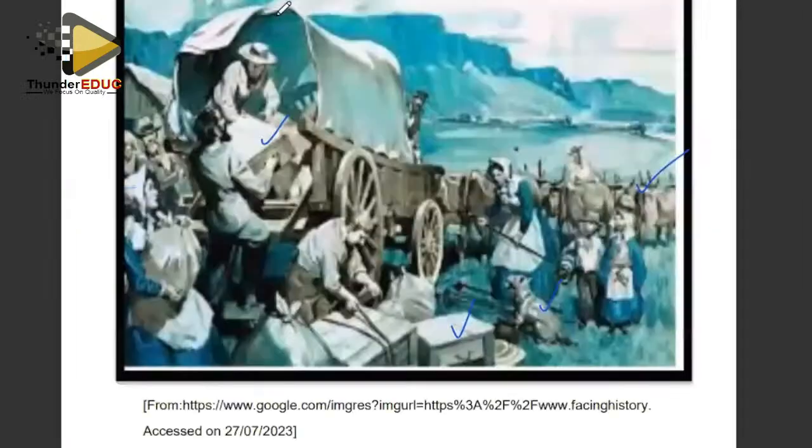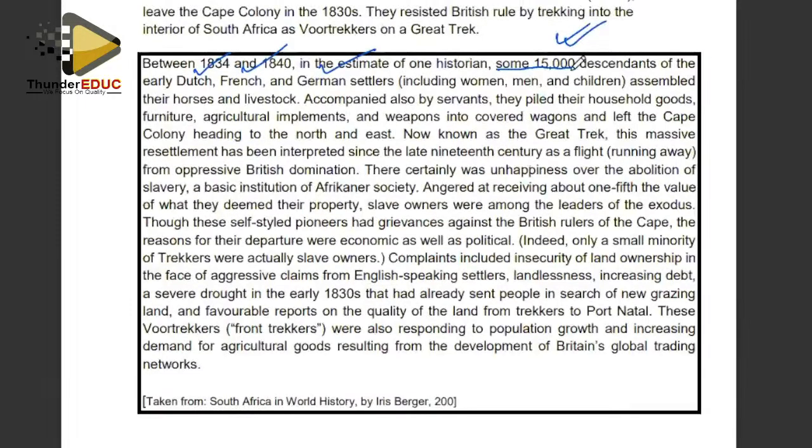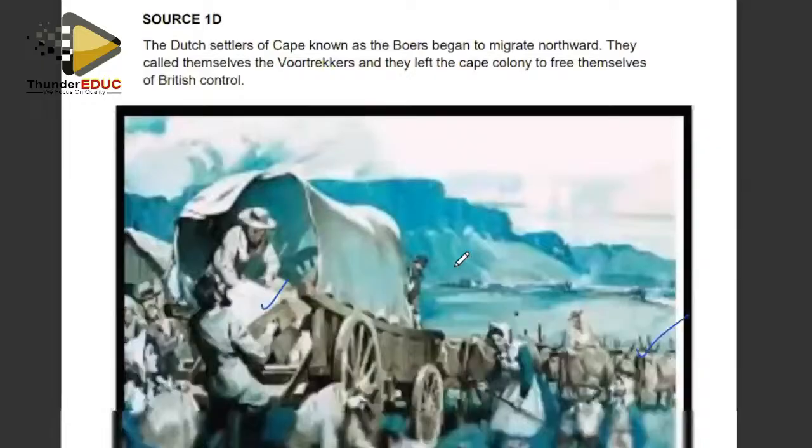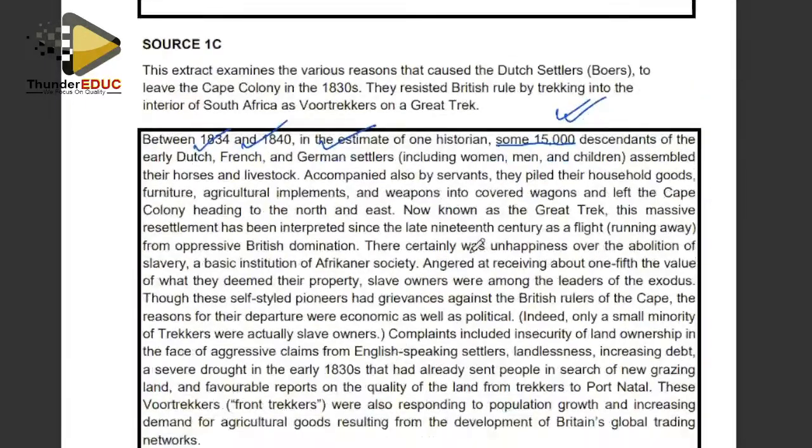So if you come here, you have to identify something in this source, right? And try to find out how it is presented in the other source. Let me give us an example. This one here is saying descendants of the early Dutch, French, and German settlers are the ones who were engaged in the Great Trek. How is it supported?